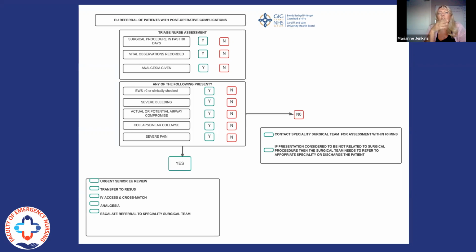So we've got our green yeses and our red noes. Red has other aspects to it, but it's quite clear for somebody to look through at 3 o'clock in the morning. What am I going to do? Well, they've had a surgical procedure. We've got observations, we know they're stable, and we've given them some painkillers, because that's really good clinical care. They're not shocked.